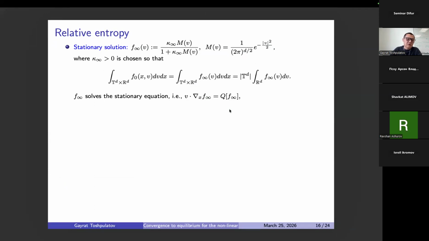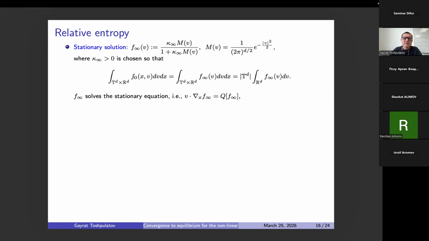One can also consider the stationary equation. There exists an explicit solution to this stationary equation. So let's consider f infinity. It's given by this expression. M is again this Maxwellian.